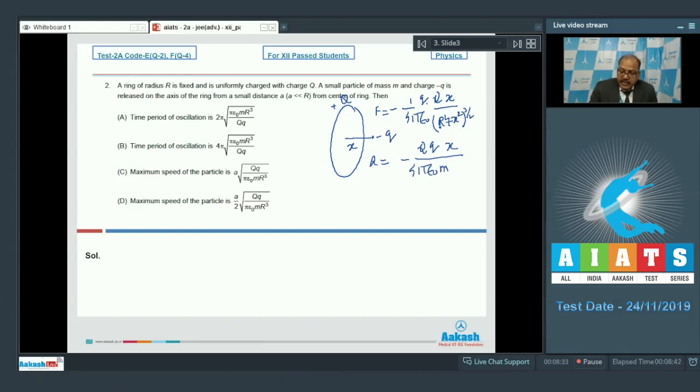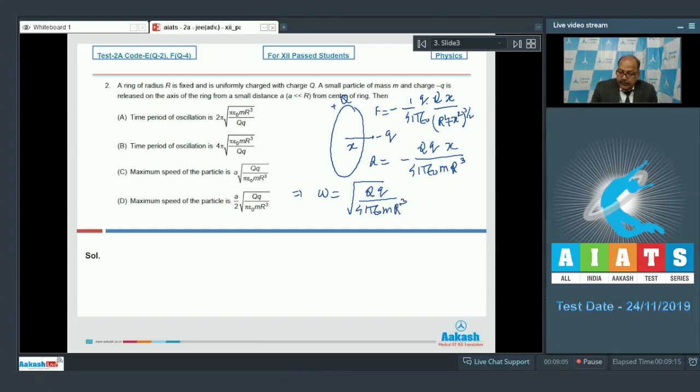Now since x is very small compared to r, in the denominator we can ignore x, and r square to the power 3 by 2 will be simply r cubed. This means angular frequency omega of the SHM. It also proves that the motion will be SHM, and the expression for angular frequency omega is now under root of capital Q small q by 4 pi epsilon naught m r cubed.